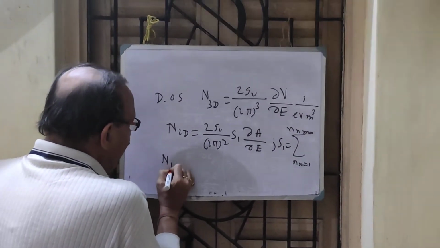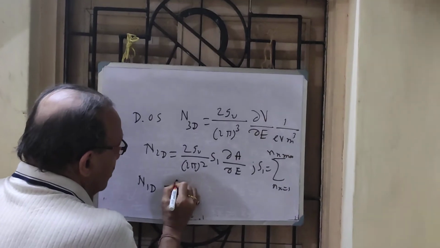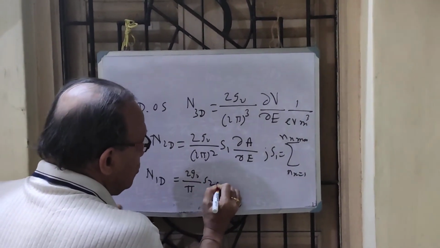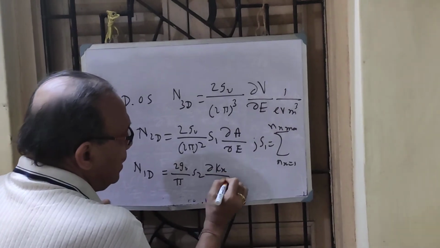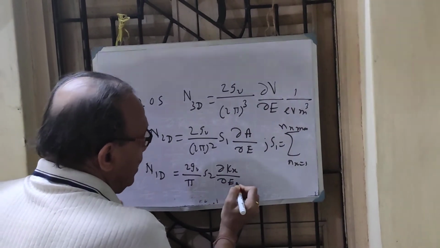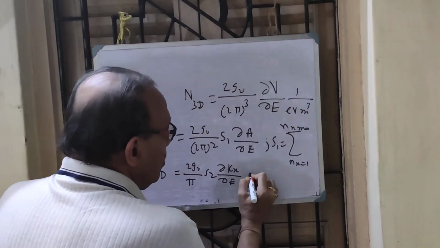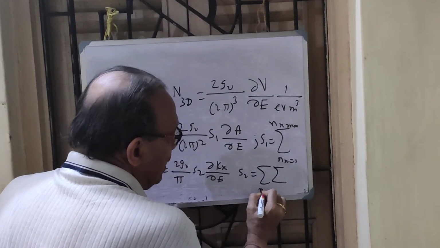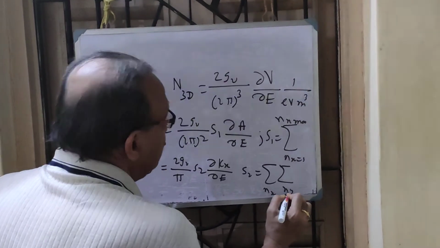Then in 1D is 2 gv by pi S2 dkx by dE, where S2 is simply sum over both nx and ny.